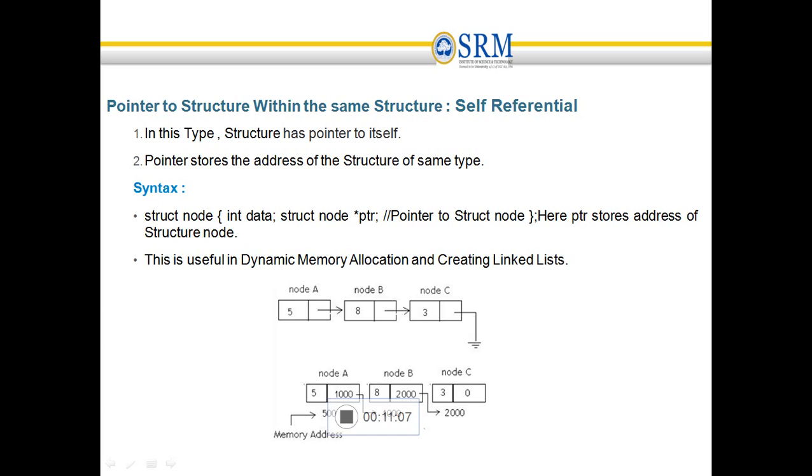Suppose I want to dynamically handle the numbers 5, 8, and 3, and you allocate memory dynamically whenever a number is required, with the number coming in as input from the user. At that time you use self-referencing structures.